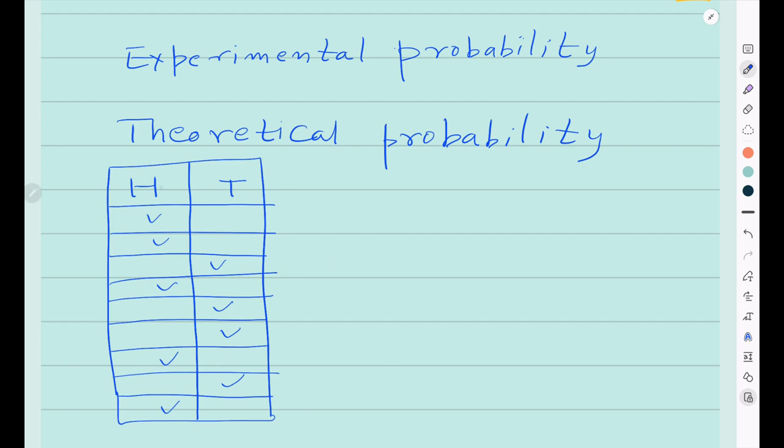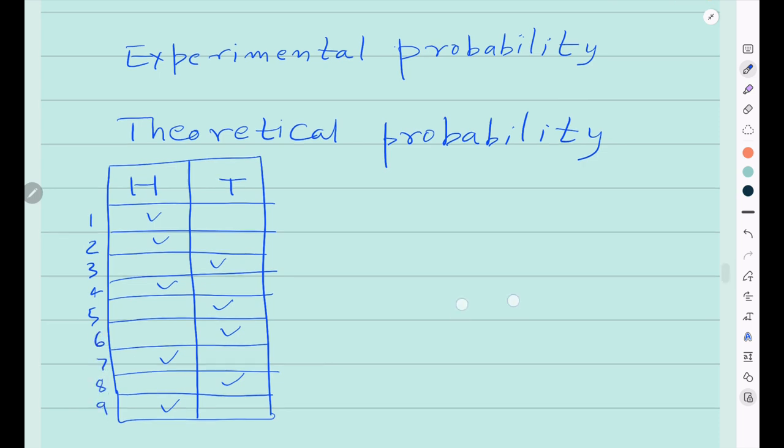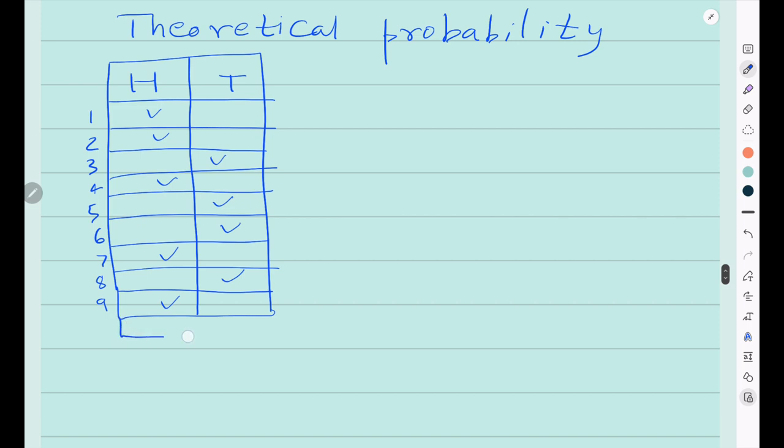Here I have written that I have just done the experiment, meaning tossing of the coin is an experiment. So 4, 5, 6, 7, 8, 9. Let us do it maybe one more.